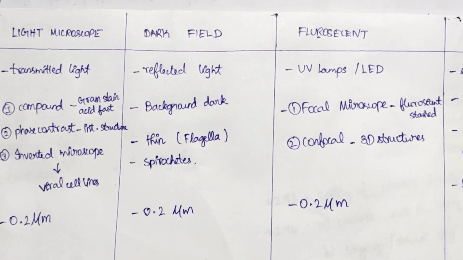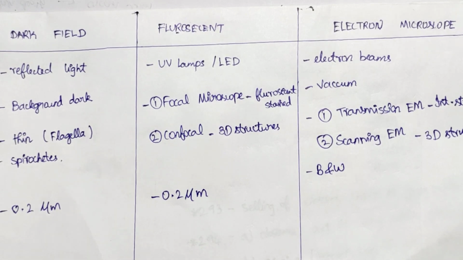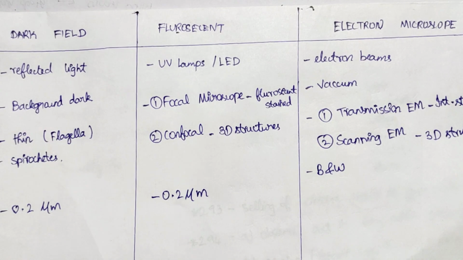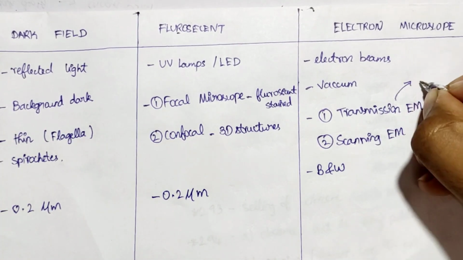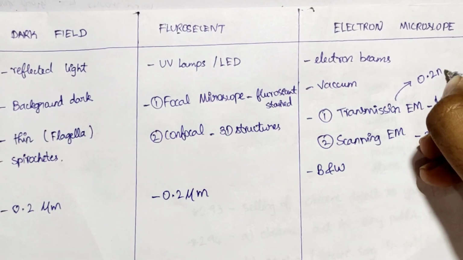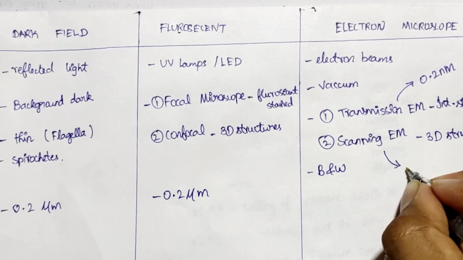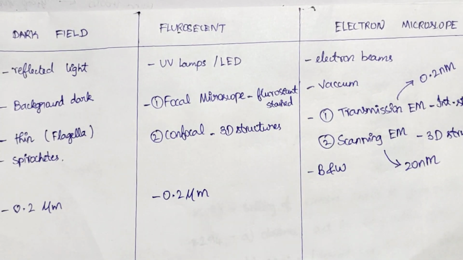Okay, then for electron microscopy, here comes the difference. Both are seen in nanometer resolution, so that's why it is called electron microscopy. The transmission electron microscope has 0.2 nanometer resolution. The scanning electron microscope has 20 nanometer resolution. Important MCQs are the resolutions.